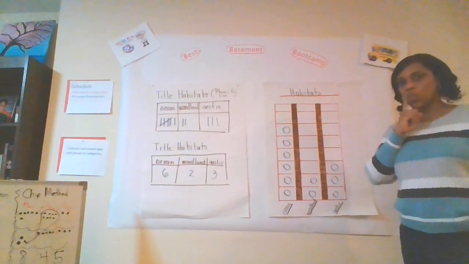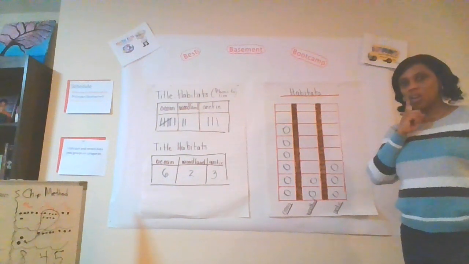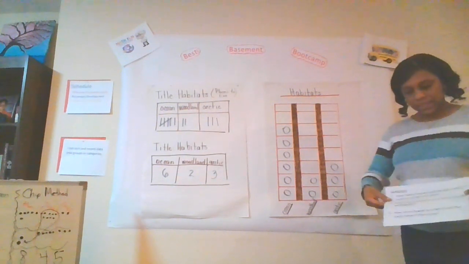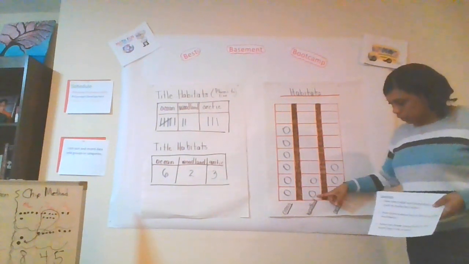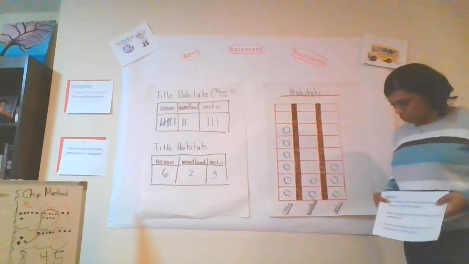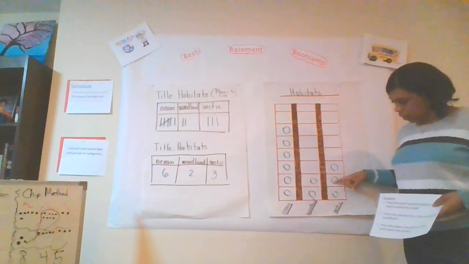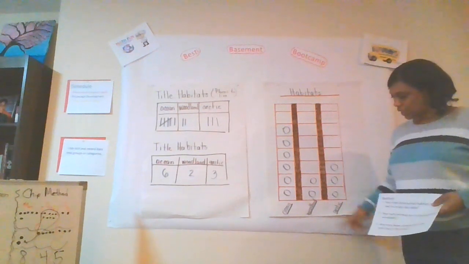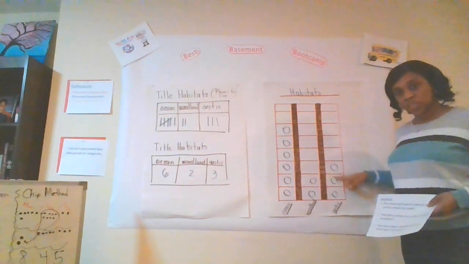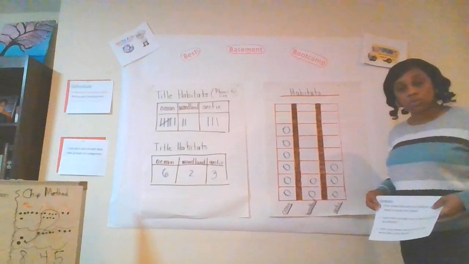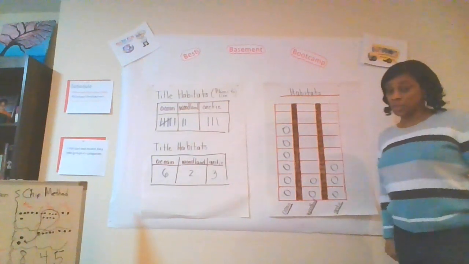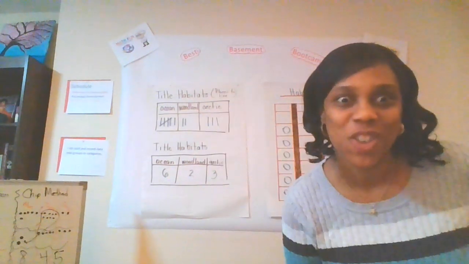How many live in woodlands and in the Arctic? Let's see. Let's count our woodlands. 1, 2. Let's count our Arctic. 3, 4, 5. So when I take this 2 and put it with this 3, I end up with a total of, if you said 5, you're right.